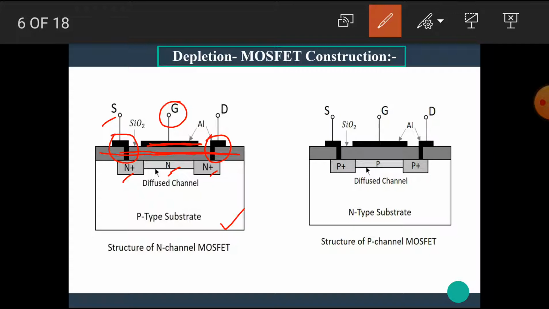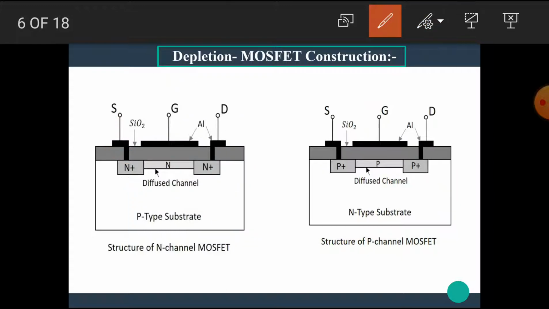Similarly, we can see the construction of the P-channel MOSFET. Here the reverse process is done. That means now take a lightly doped N-type substrate. On this N-type substrate deposit two heavily doped P-type materials. These two heavily doped P-type materials constitute the terminals D and S, that means drain and source.